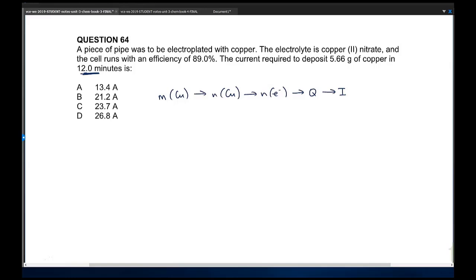I'm going to do this question as if it was 100% efficient, and then at the end I'm going to take into account the 89% efficiency factor. Okay, so we're just going to do those steps. We'll take the mass, we'll find the mole of the copper, which is the mass divided by the molar mass.